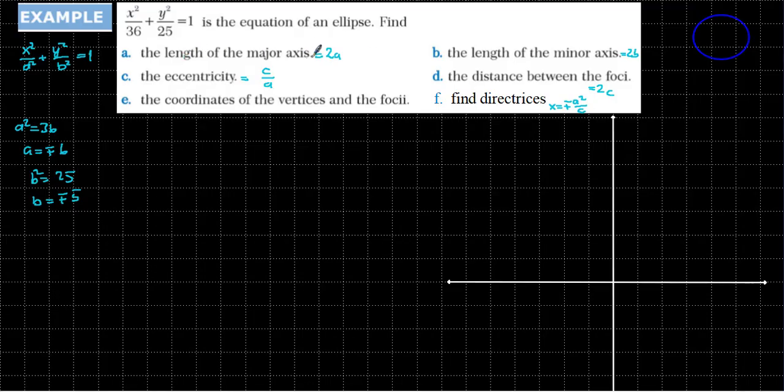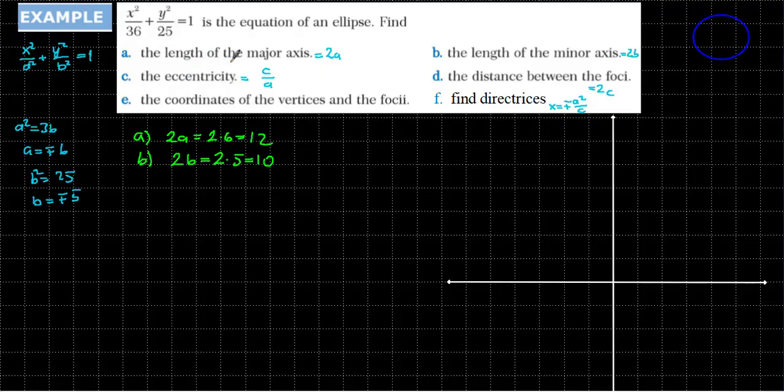Continue with the values here. 2a is easy for us. I know that a is equal to 6, so 2 times 6 is equal to 12. And the minor axis is equal to 2b, which is equal to 2 times 5, that's equal to 10, the length of the minor axis.